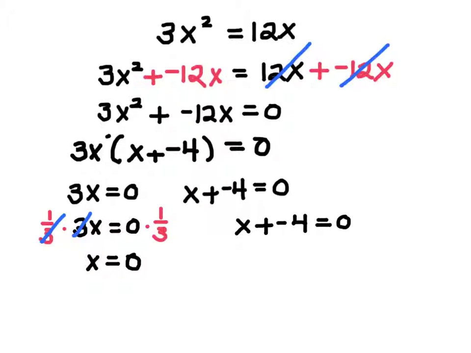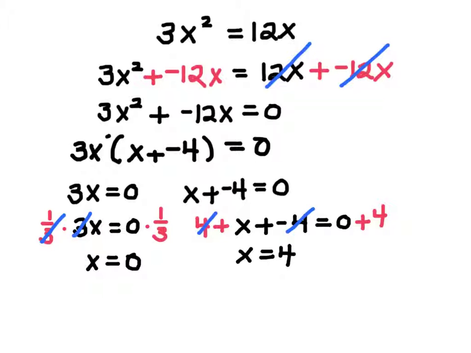In our second equation, where we say x plus a negative 4 is equal to 0, we're going to add the additive inverse of 4 to both sides to keep it balanced. And we know that 4 plus a negative 4 is 0. That gives us an x on the left and a 4 on the right.